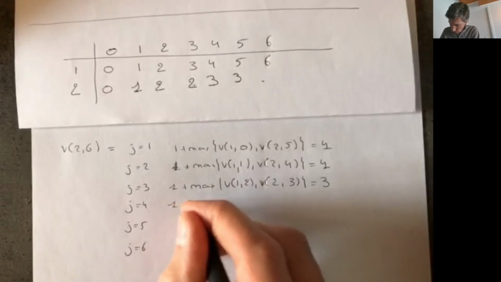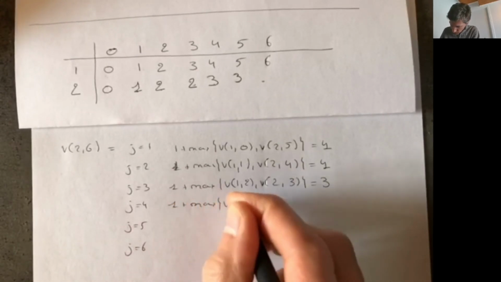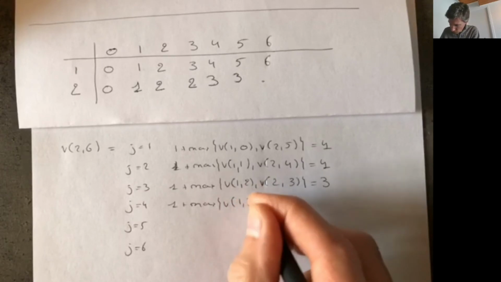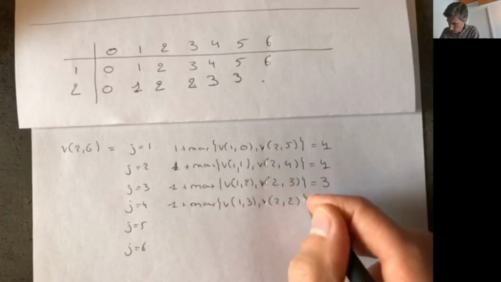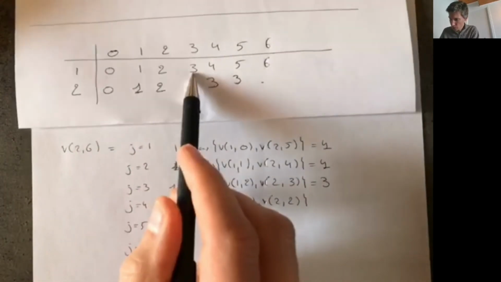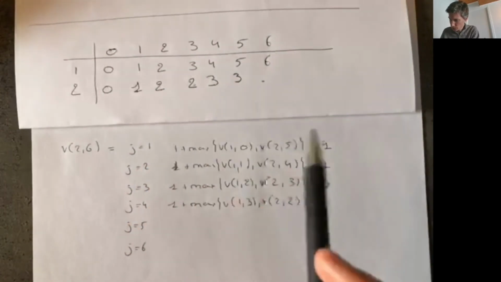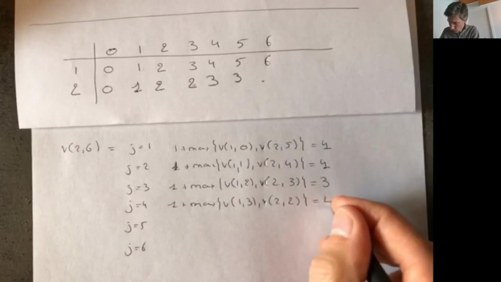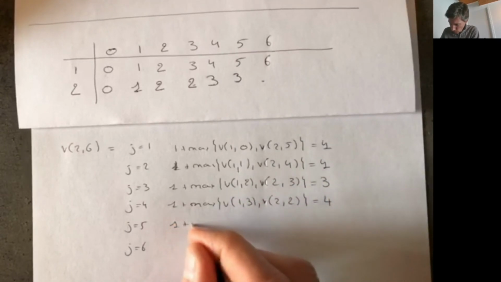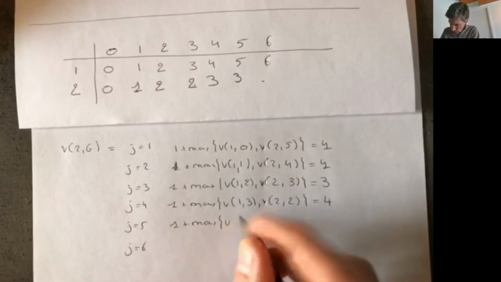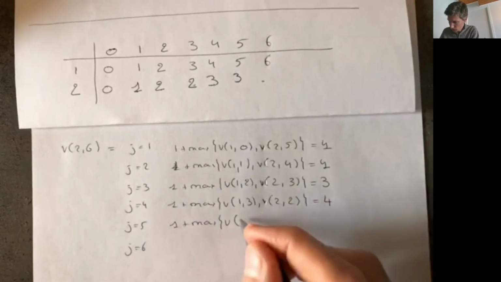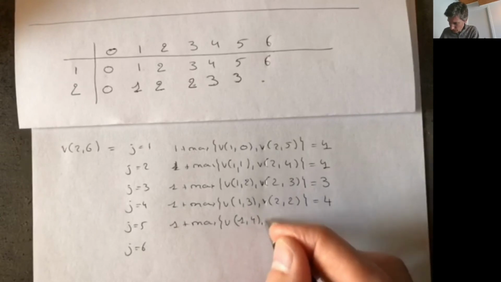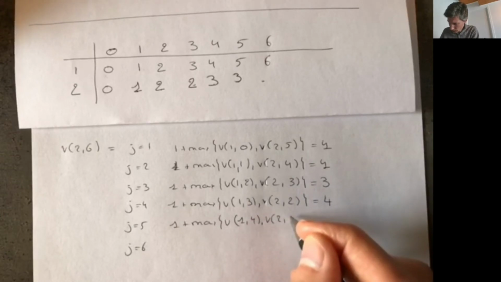And here this is 1 plus the maximum of v1,3 and v2,2. v1,3 is 3, v2,2 is 2, biggest is 3, plus 1 is 4. 1 plus the maximum of v1,4 and v2,1.